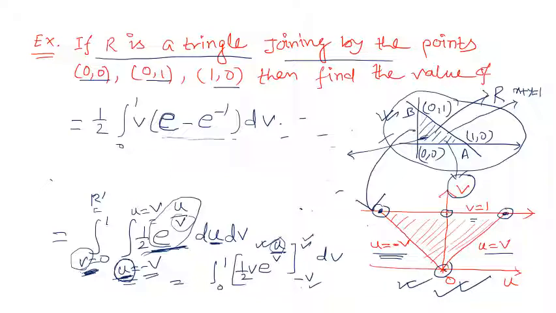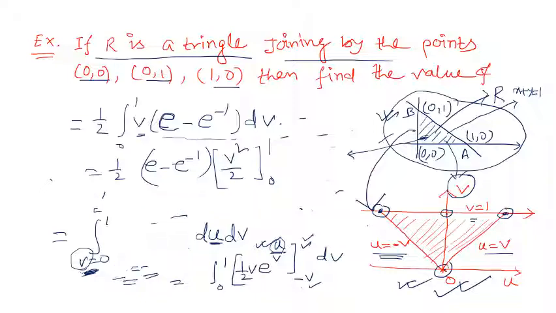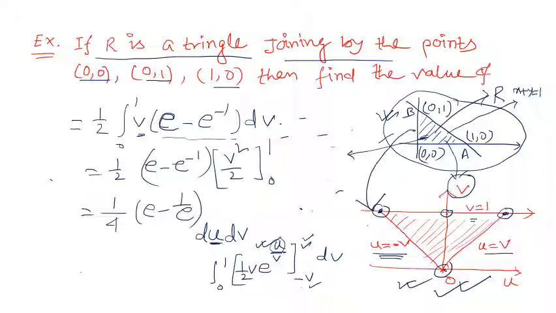Now half of e minus e to the power minus 1 is the constant part, and next with respect to v, it will be v square by 2 with the limit 0 to 1. Therefore the value of the integration is given by 1 by 4 times e minus 1 by e. This is the answer.